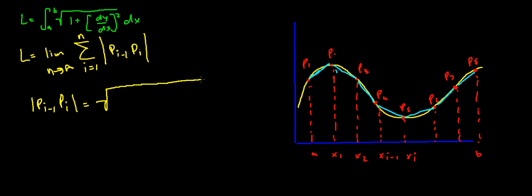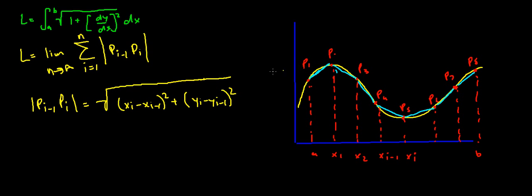This is going to be equal to the point minus the previous one. So if i was 1, and it would take, well, I did it wrong.